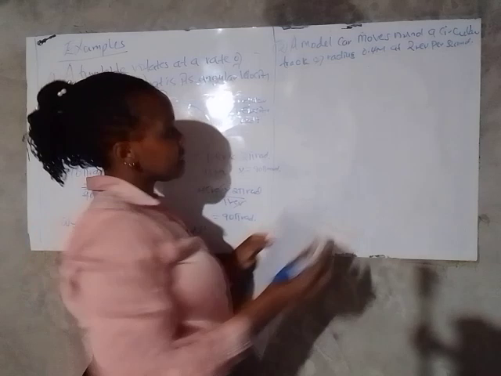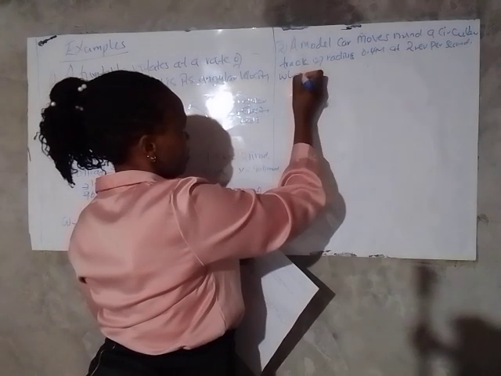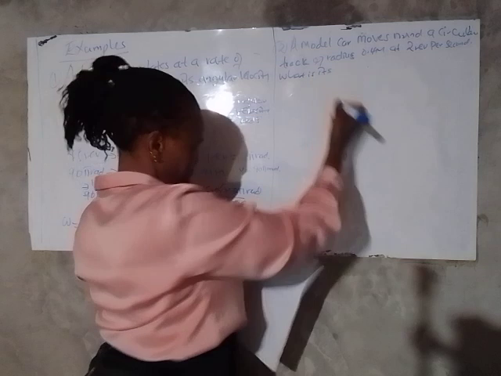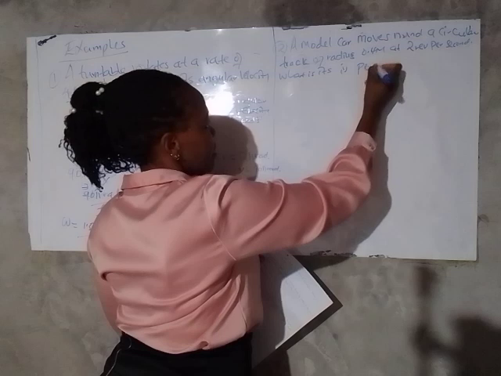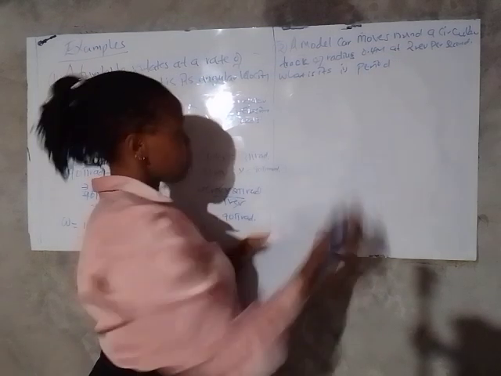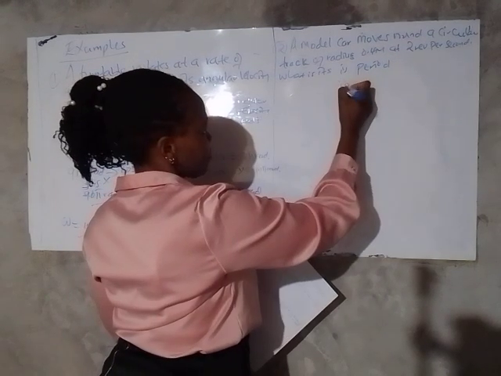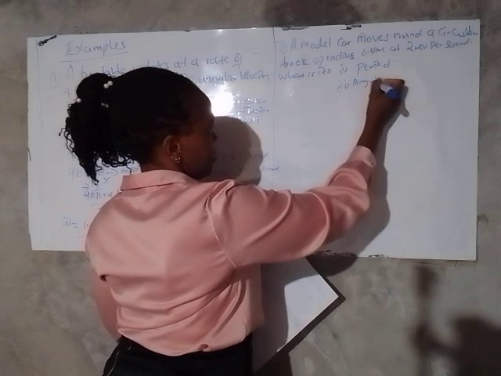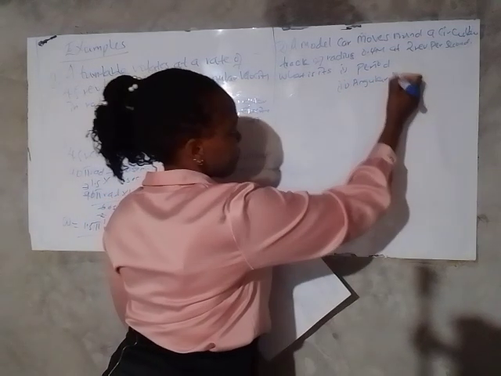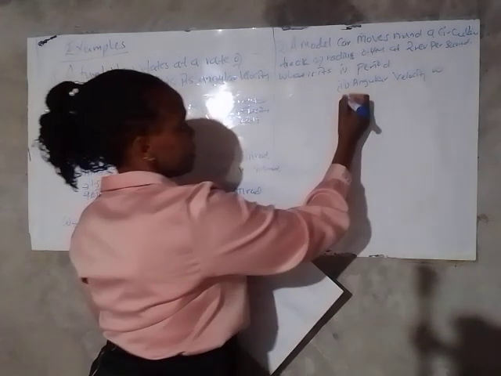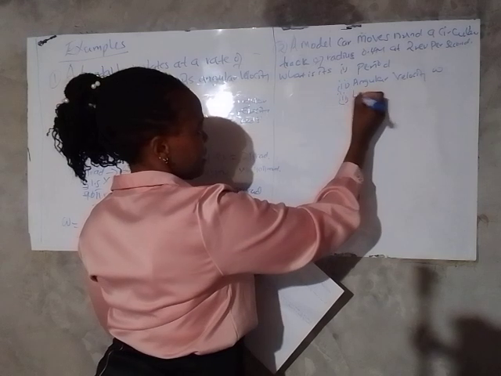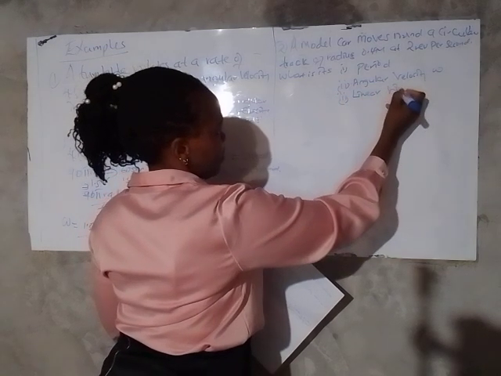What is its (i) period, (ii) angular velocity omega, and (iii) linear velocity v? Okay, now that's the question we have.